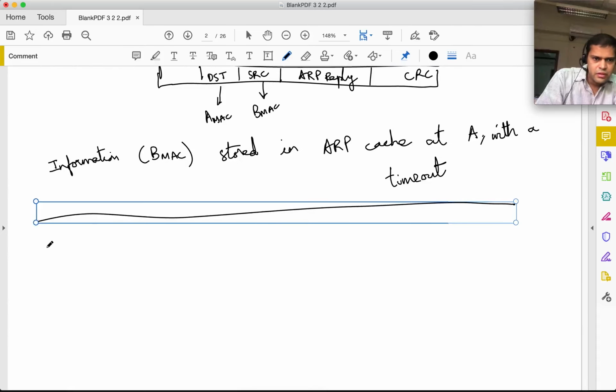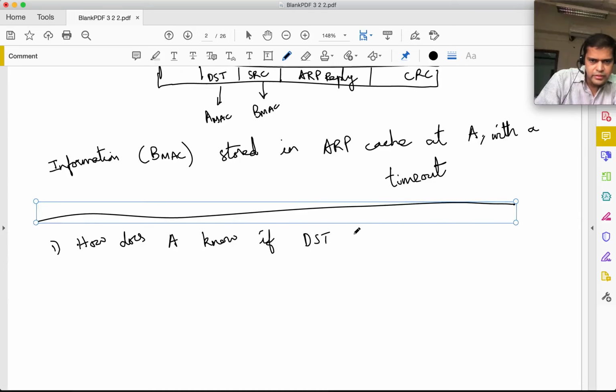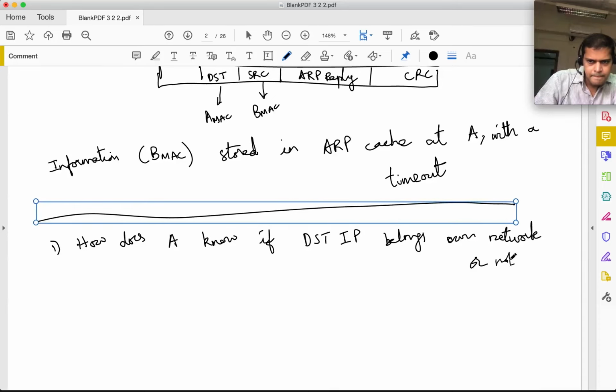So first of all, how does A know if the destination IP address belongs to his own network or not? If it does belong, then we know what to do, like we did for B, right?